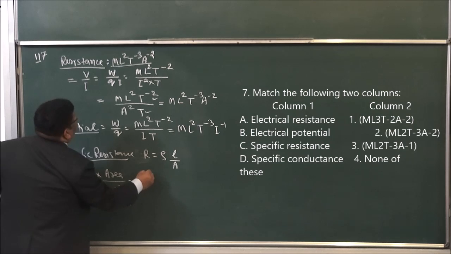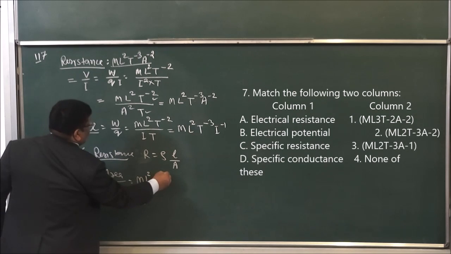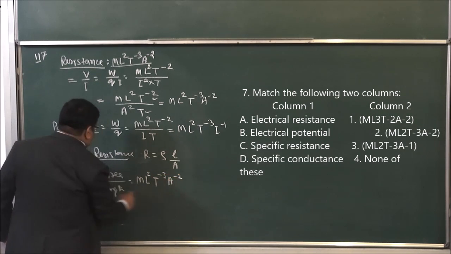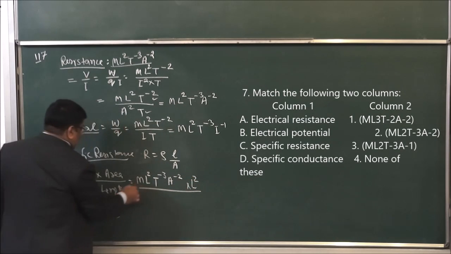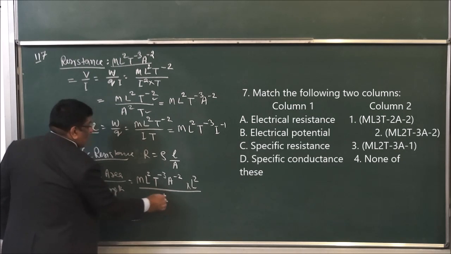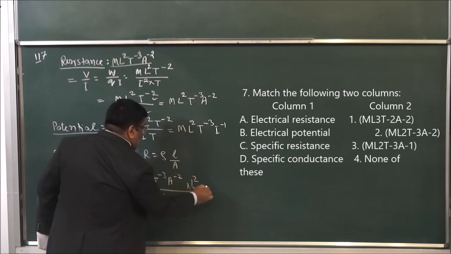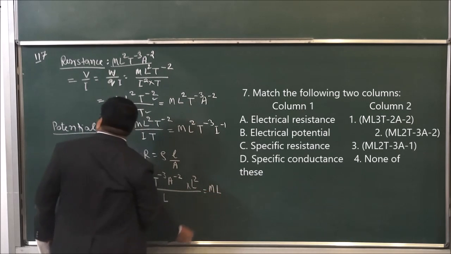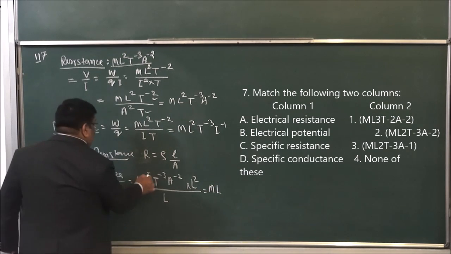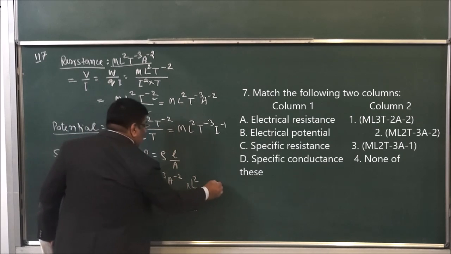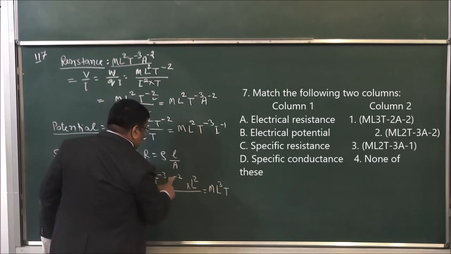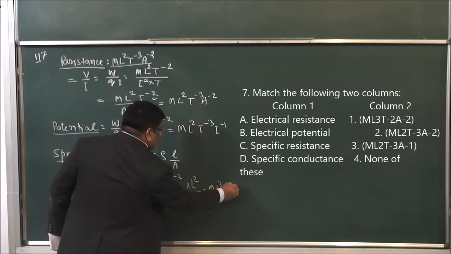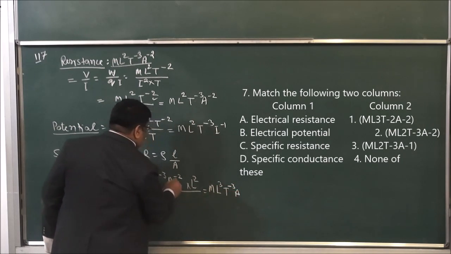This is ML^2 T^-3 A^-2 into area L^2 upon length L. So this becomes M L^3 T^-3 A^-2.